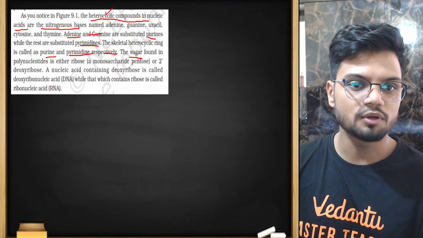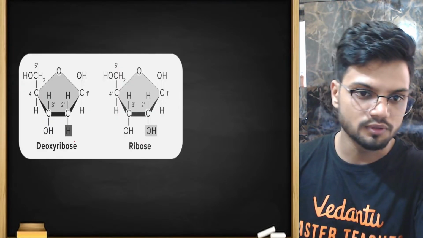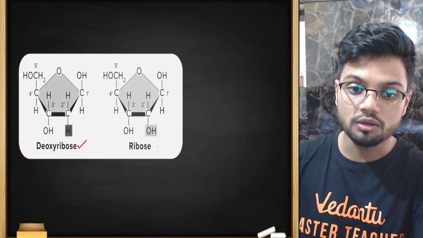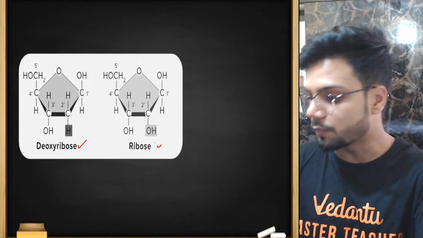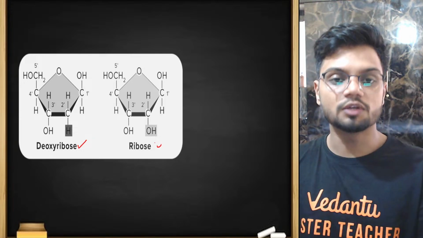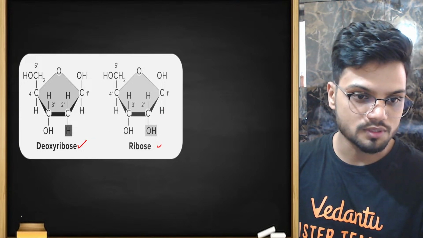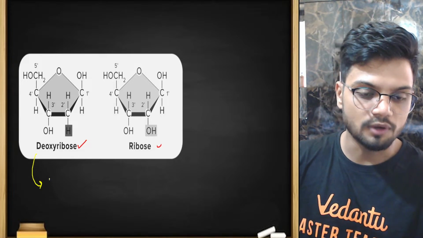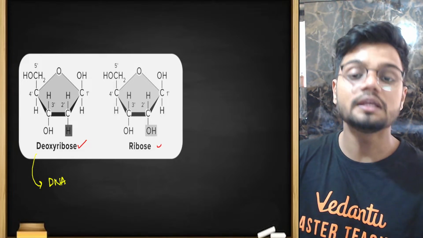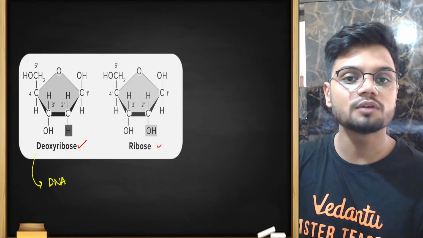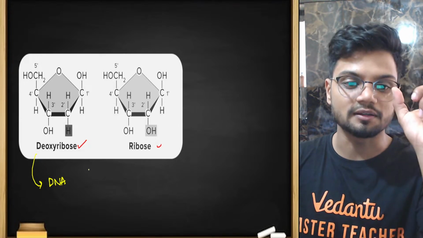The sugar can be of two types again: deoxyribose or ribose. You might wonder where you find deoxyribose and where you find ribose. Deoxyribose sugar is found in DNA. What is the meaning of deoxy? One oxygen is missing.